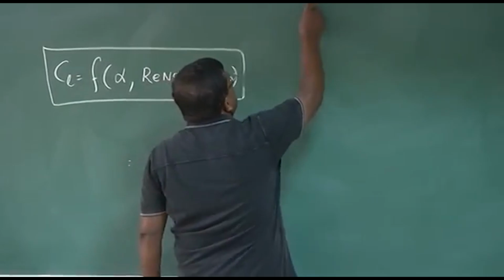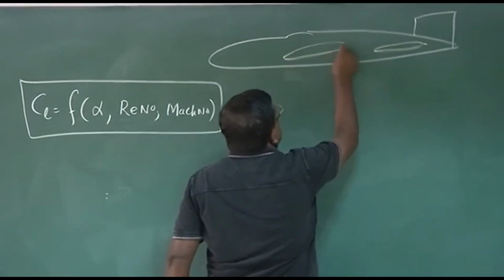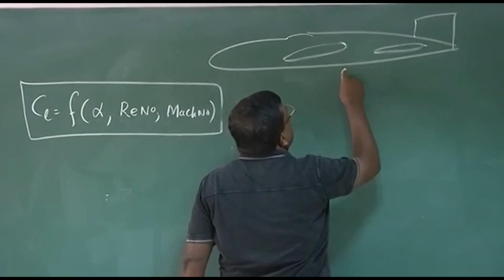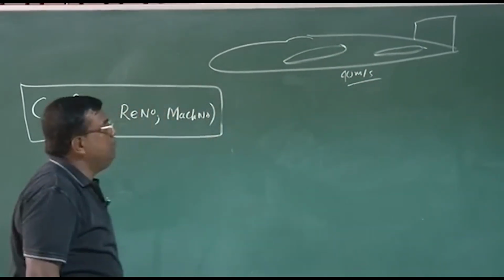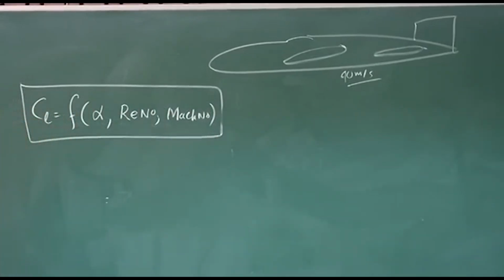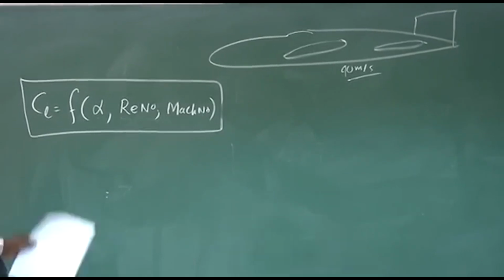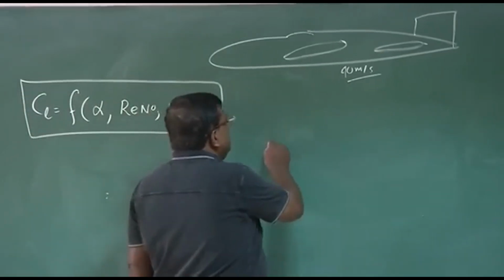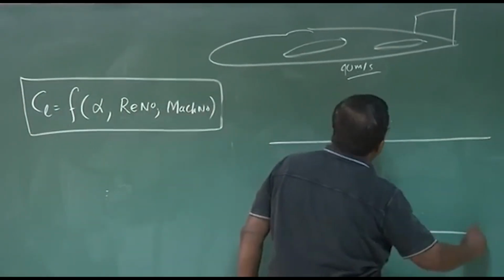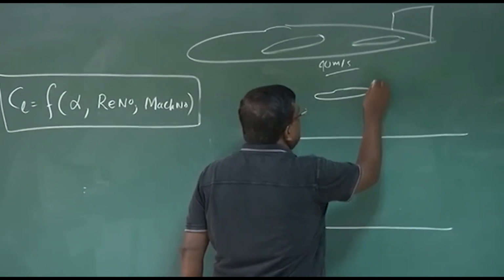So what I do, suppose there is a big airplane, and this is flying at, let's say, 90 meters per second, so less than 0.3 Mach number. Altitude is chosen like that. Now, what do I do to take help of it? I make a smaller, similar configuration, exactly geometrically similar.